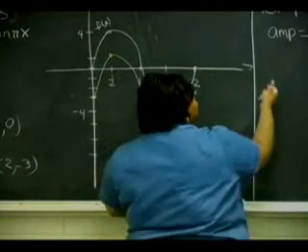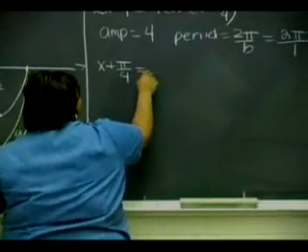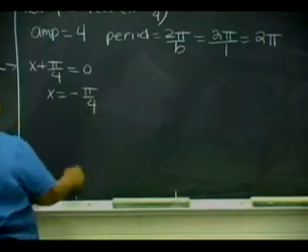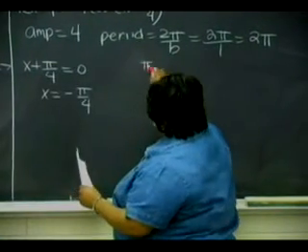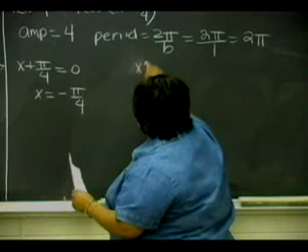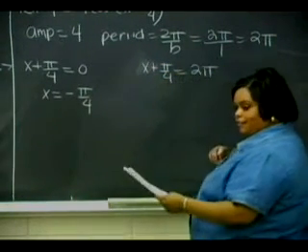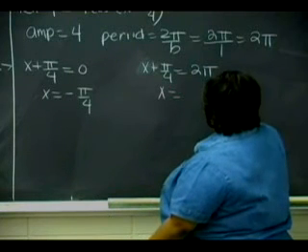So let's look at this bx minus c. Bx minus c equals 0, which means x is negative pi over 4. And we have this portion of the interval, bx minus c equals 2 pi, which means x is 2 pi minus pi over 4.